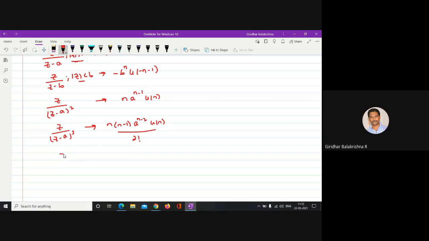In general, if k poles are repeated, z by z minus a whole power k, the generalized formula is n into n minus 1 into n minus 2 and so on up to n minus k plus 2, into a power n minus k plus 1, into u of n, divided by a factorial.